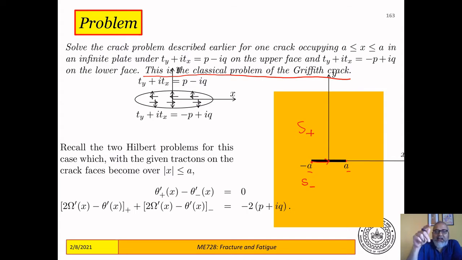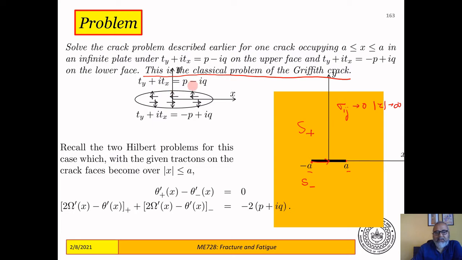The crack itself is subjected to tractions on its face. There is no remote loading, so all stresses sigma ij die down as mod z tends to infinity, and the crack itself is being opened by tractions applied on its faces.